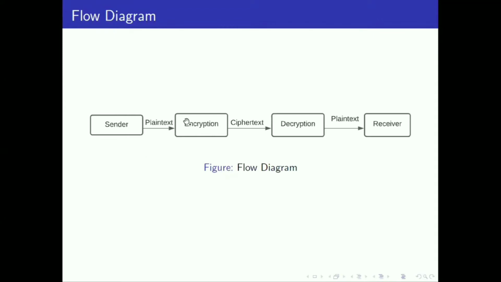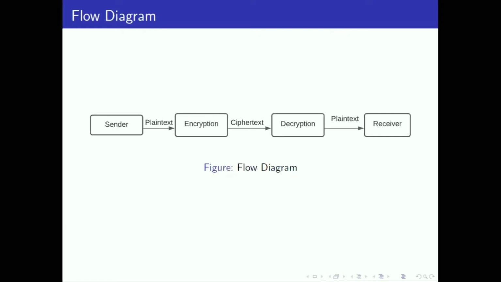Now the encryption algorithm takes this plain text and converts it into another text which is called ciphertext. Ciphertext is a meaningless text. Seeing the ciphertext, one cannot understand what the actual plain text was.